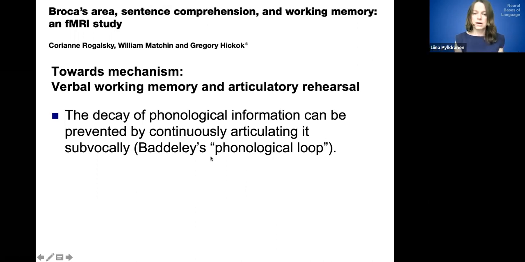And so this is Baddeley's famous phonological loop, an influential theory about how verbal working memory actually operates. Now the interesting part is that if this is happening while you're comprehending, then there's actually a production mechanism working in tandem.